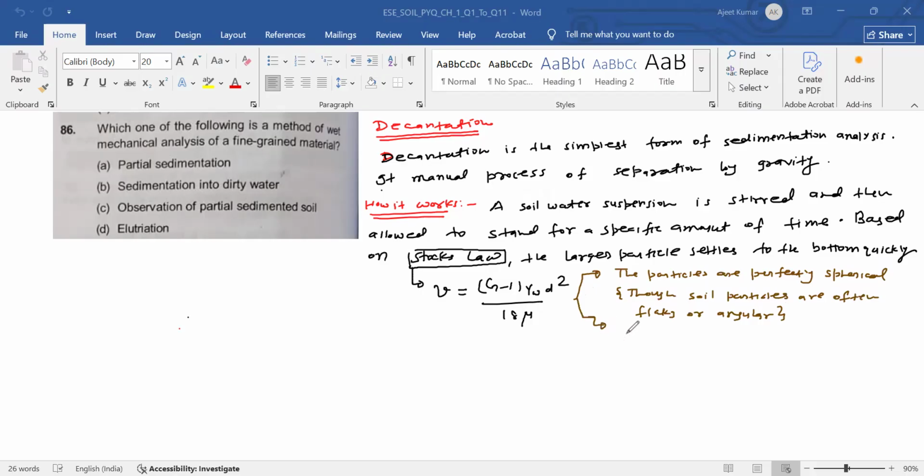Okay. The second condition is the liquid is infinite in extent.